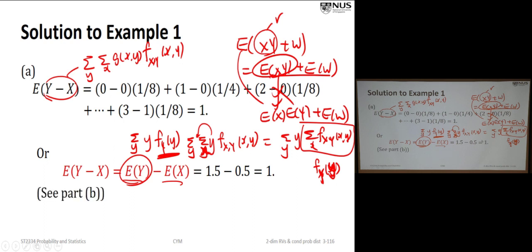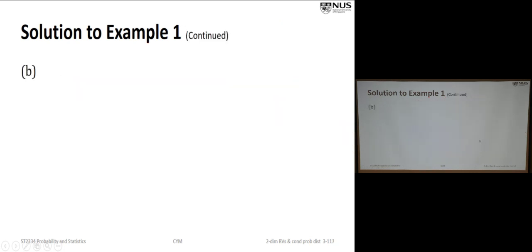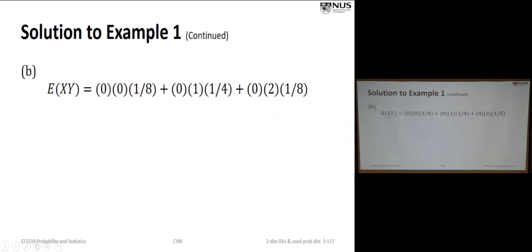All right. Then for part B, the covariance. For the covariance, we first of all find the expectation of x times y. So this is x, y, then times f of xy. All right, so it's 0, 0 times f of xy evaluated at 0, 0.